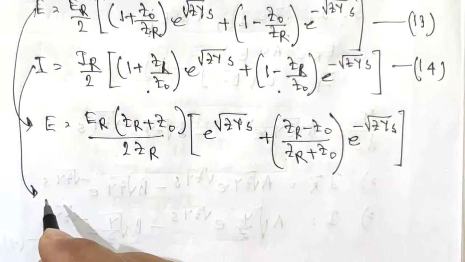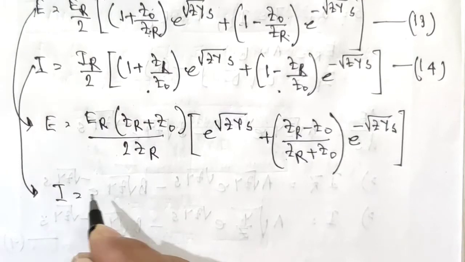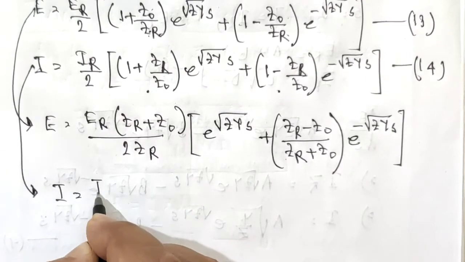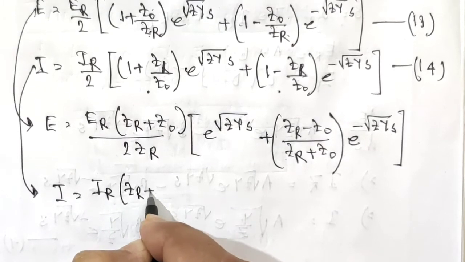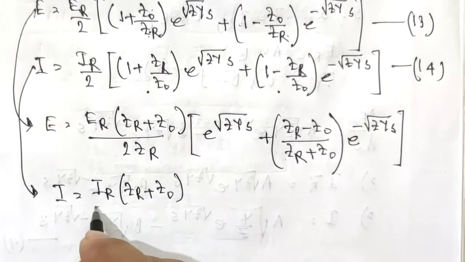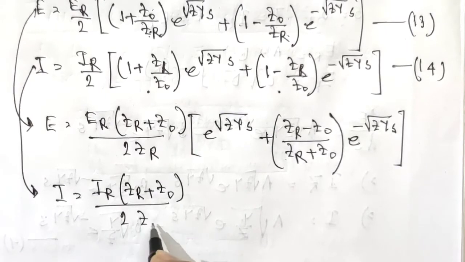And from equation 14 we have I equals, again it can be written in similar manner, that is IR into ZR plus Z0 by twice Z0 common.